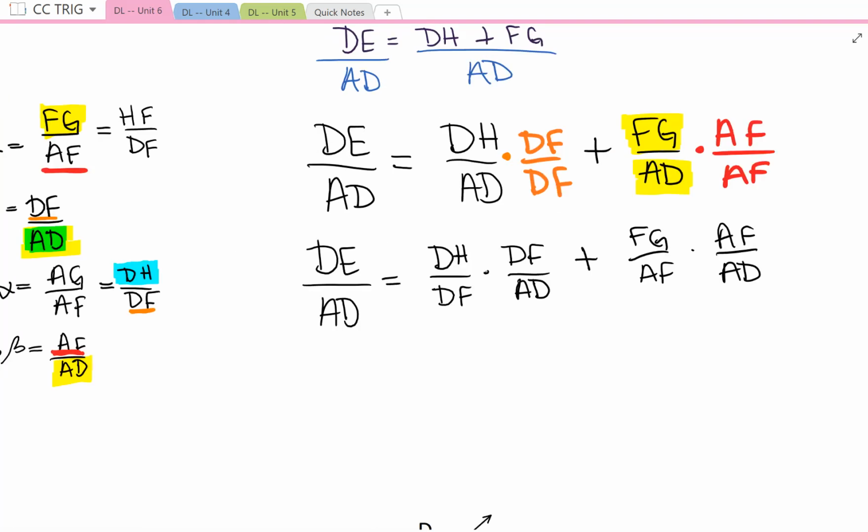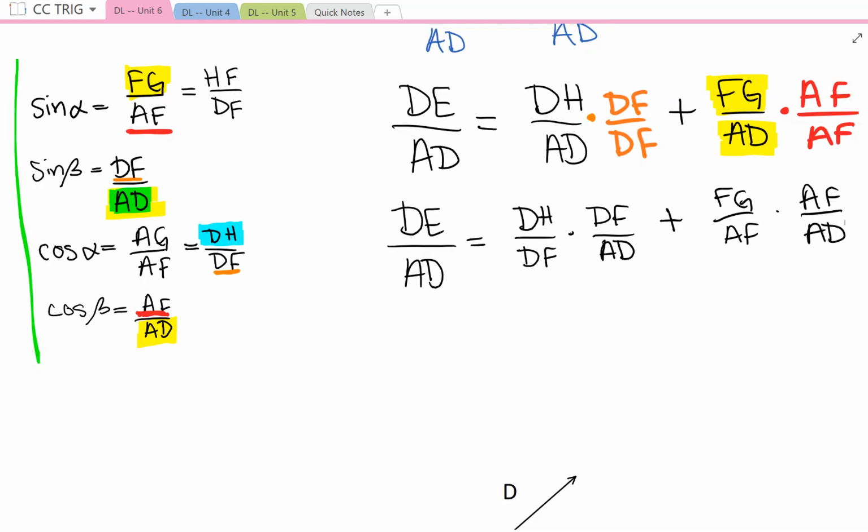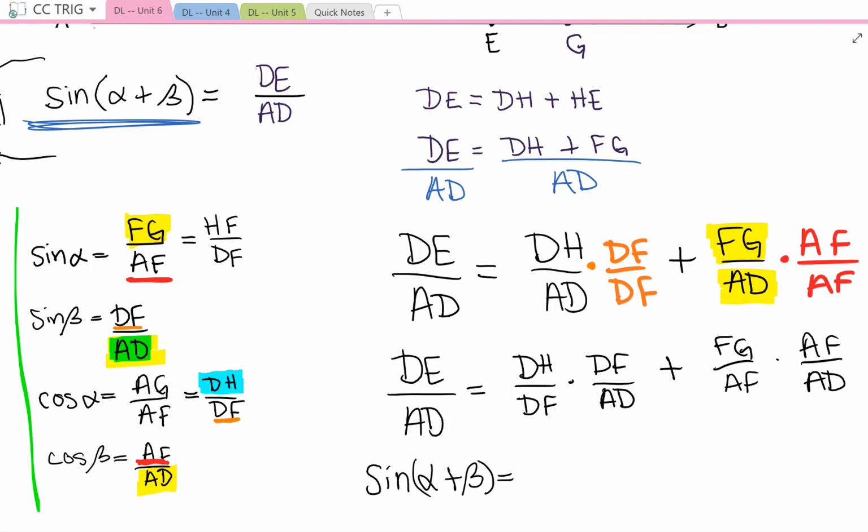Let's substitute the equivalencies to these ratios. So DE over AD is equal to sine alpha plus beta. DH over DF is cosine alpha times DF over AD.